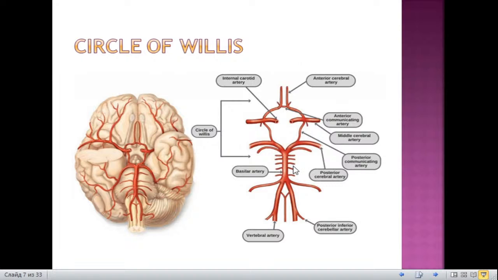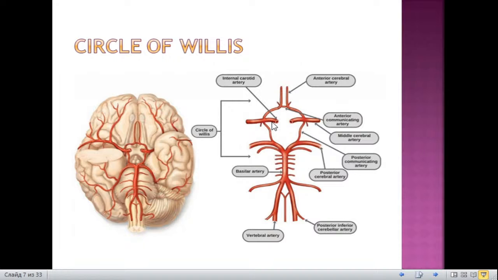So let's count the elements of the Willis circle in order from the front to the back. First unpaired element is the anterior communicating branch, like I told you. After that, the anterior cerebral artery, second element.